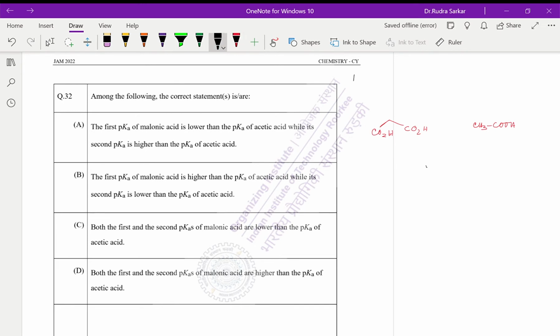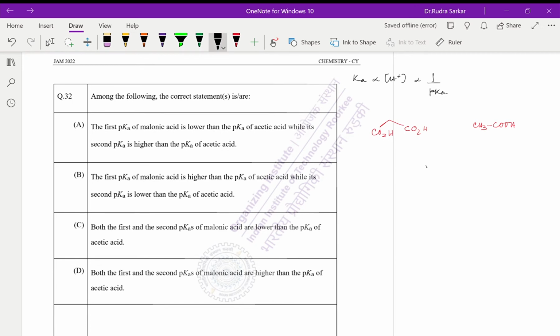Now over here one needs to understand that Ka is directly proportional to hydrogen ion concentration for any organic acid, and that is inversely proportional to pKa. So when we say lower value of pKa, that means we are saying strong acidic character.